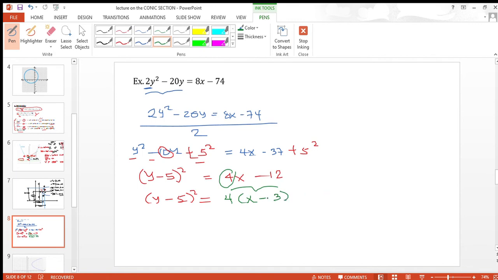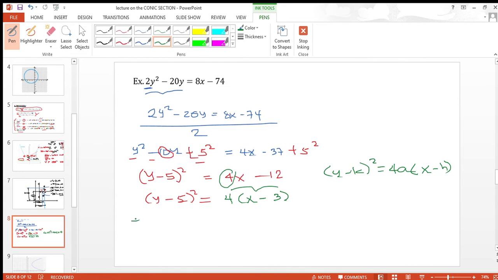So, if you will look at this format, it now follows the equation, di ba? Pareho na siya ng equation na y minus k, the quantity squared, equals positive 4a, kasi positive dito, 4a times x minus h.